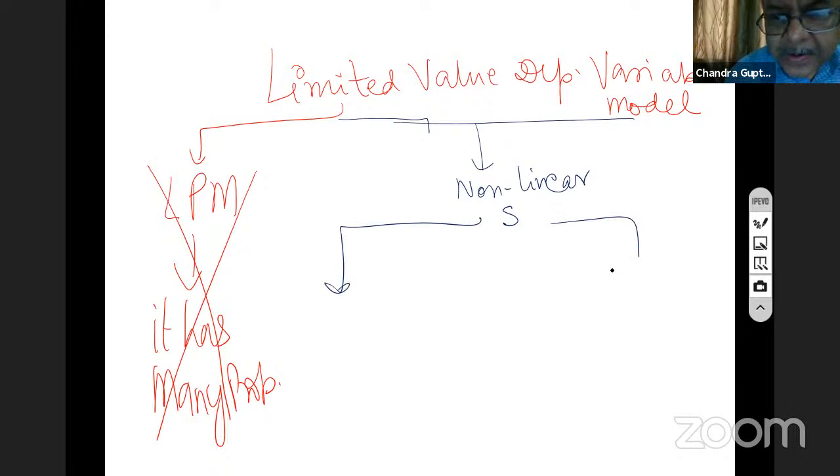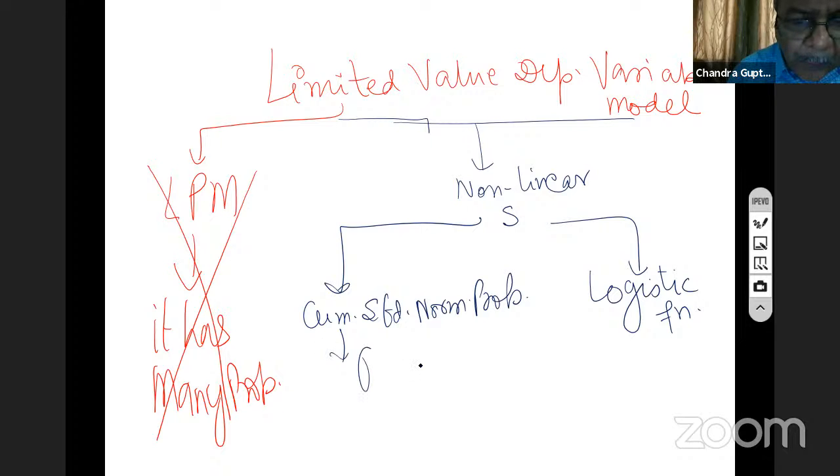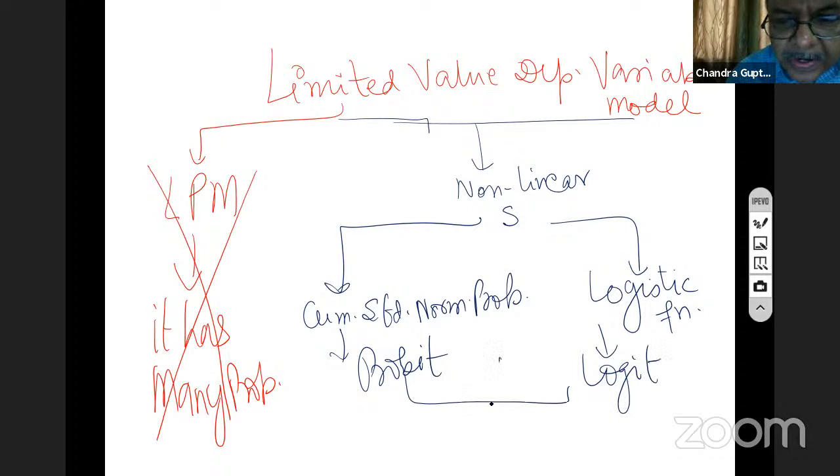In that category, we selected the cumulative standard normal probability distribution and the logistic function. This gives me the probit model, and this gives me the logit model. Both the models are estimated using the maximum likelihood method.